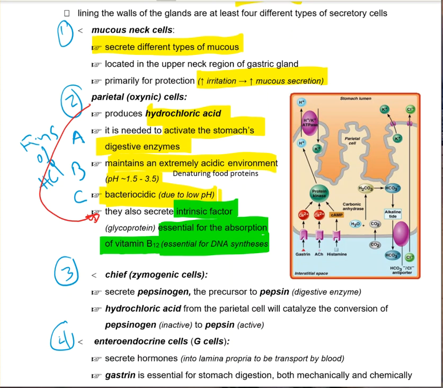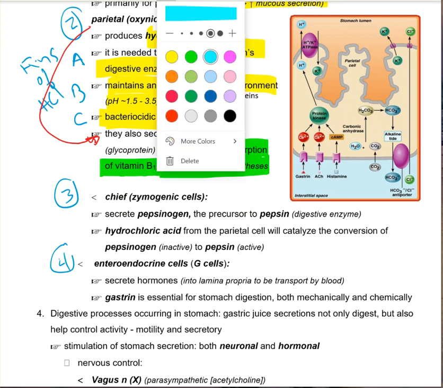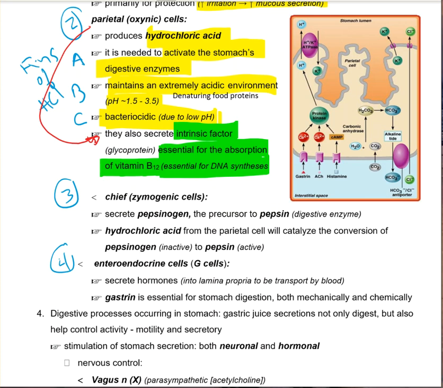Okay? The third cell type are the chief or zymogenic cells. These guys secrete pepsinogen, which is a precursor to pepsin. We'll use a different color. We seem to be doing different colors here.